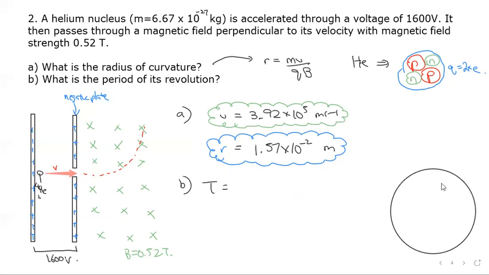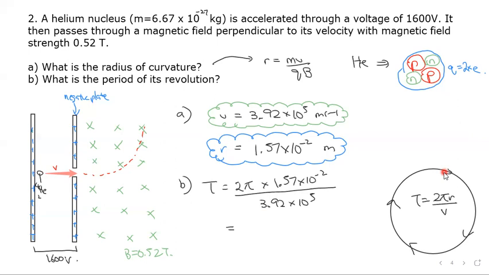So the period must equal the distance, which is the perimeter, 2 pi r, divided by your velocity. So we'll just use that formula. It's 2 pi times r, which we already have worked out, divided by the velocity. And that should give us an answer very easily.